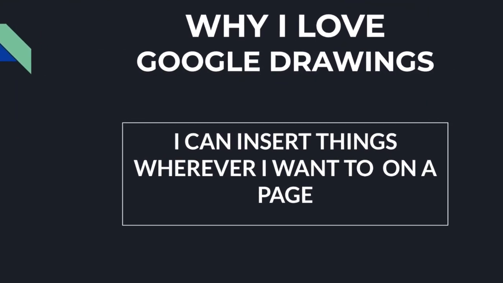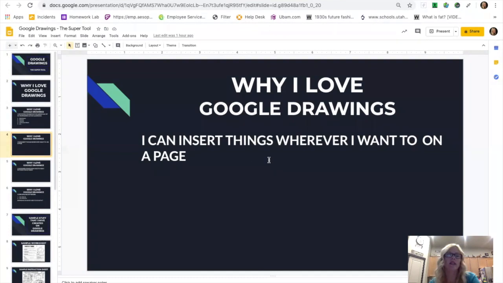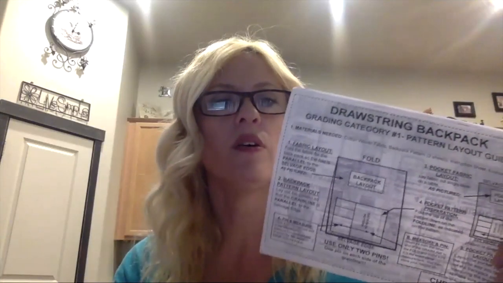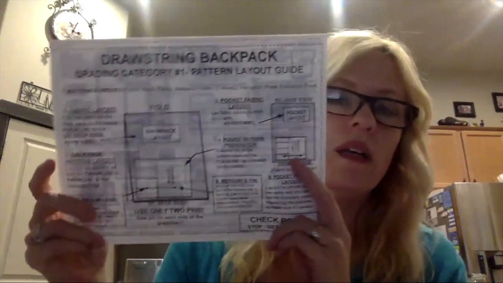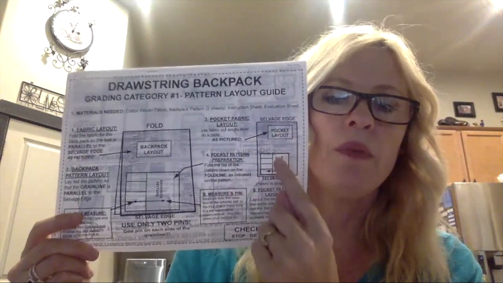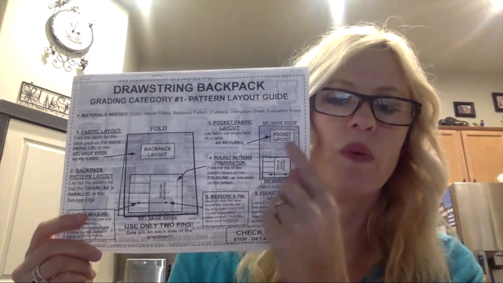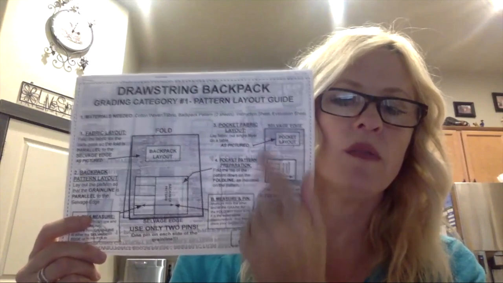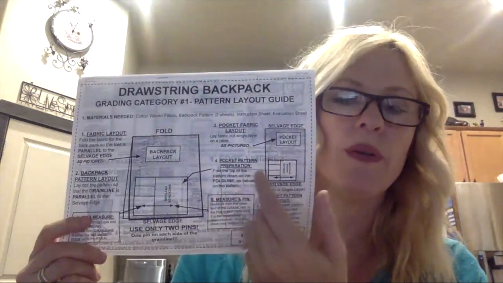Another reason why I love Google Drawings is that I can insert things wherever I want to on a page. If you look at this page right here, I was able to put everything where I wanted it. I was able to create this drawing with my paper and pencil and insert it.